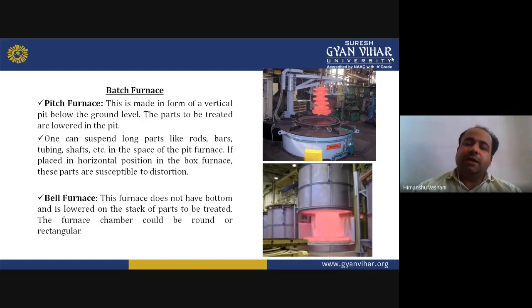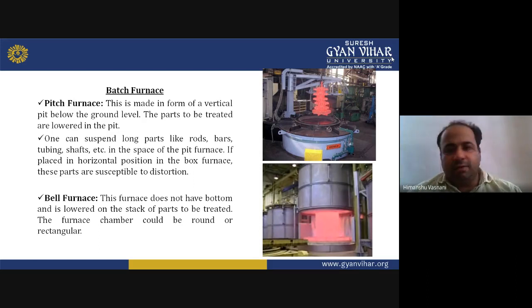One can suspend long parts like rods, bars, tubing, shafts, etc. in the space of a pit furnace. If placed in a horizontal position in the box furnace, these parts are susceptible to distortion. If you place parts in a horizontal position in the box furnace, they may distort, so we go for a pit furnace.